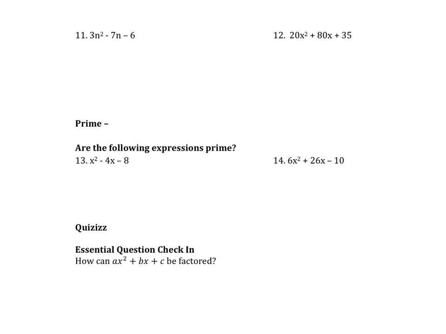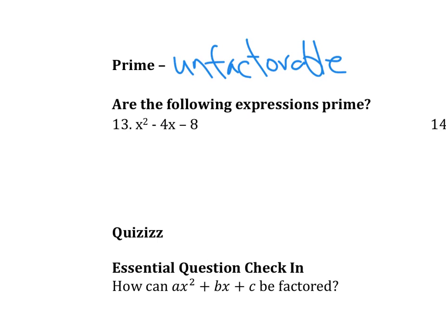All right, now this definition of prime means it's in its simplest terms, and it is unfactorable. Okay, that includes GCF, X-box, grouping. We can't do any factoring to that. So as we look at 13, our GCF is 1, which doesn't do anything, so that is still unfactorable. And then let's look at our X-box.